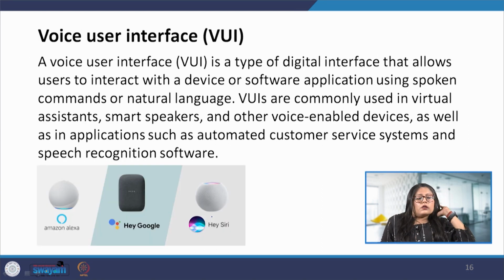Now, voice user interfaces. Users here can interact with the device or application by speaking commands or questions, which are processed and interpreted by a speech recognition system, and the system then generates a response which may be spoken aloud by the device or typed across the screen.